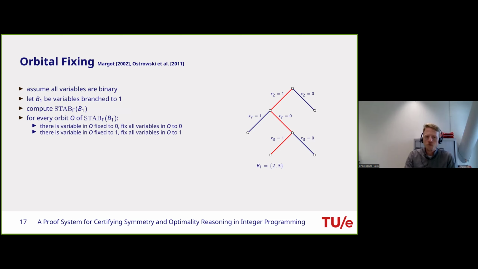Because we have proven in a different paper that these reductions can be derived from a dynamic lexicographic order constraint, we can also use these epsilon lexicographic order constraints that are derivable via dominance-based strengthening to certify the reductions by orbital fixing.